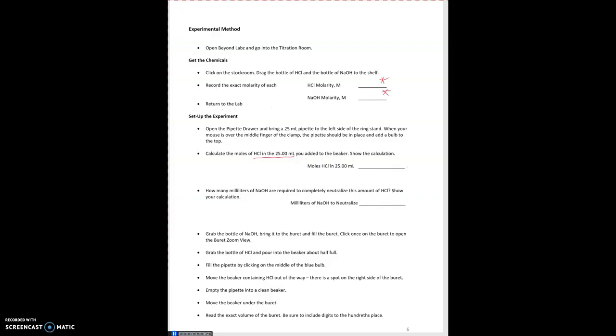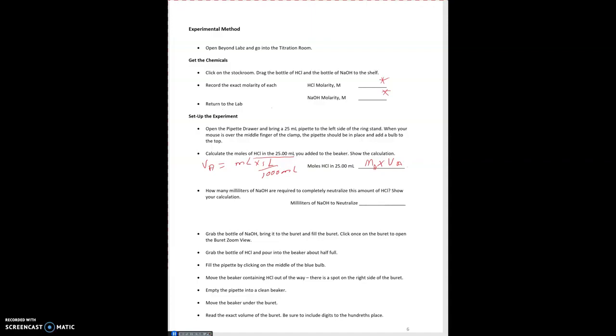So how many moles are in that pipette? Molarity times volume of the acid. Now, one thing you have to remember, the volume is going to equal the milliliters times 1 liter per 1,000 milliliters. You have to convert milliliters to liters.